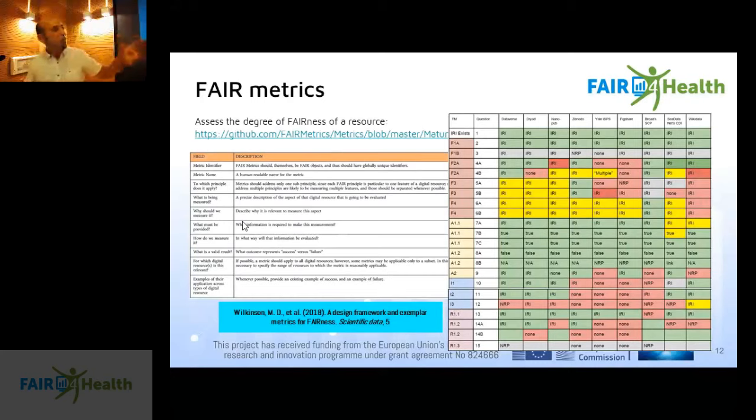When a cell is colored in green, it means that it passed the test; in red, that it doesn't; and in yellow, that there was a misunderstanding on the way that the question should be answered. So far, these repositories, which are very well known by the research community in several fields, not only in health, none of them is completely FAIR according to the FAIR guiding principles.